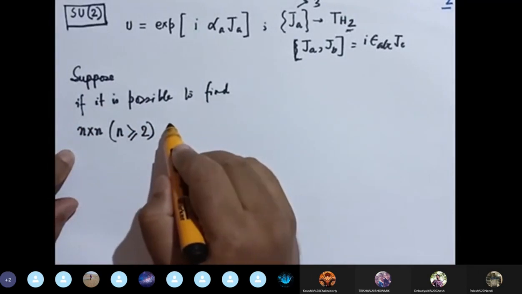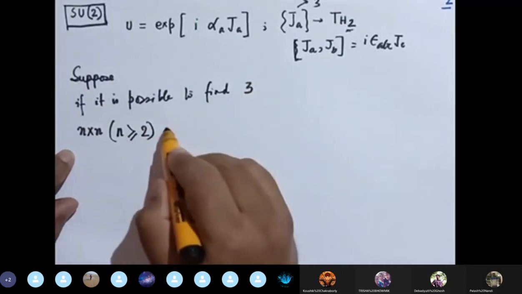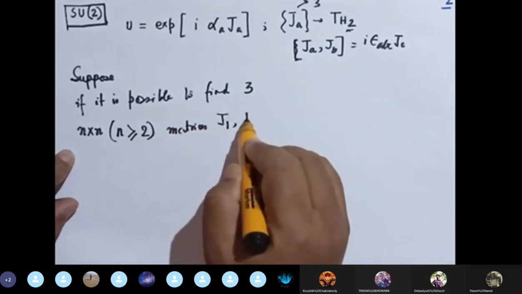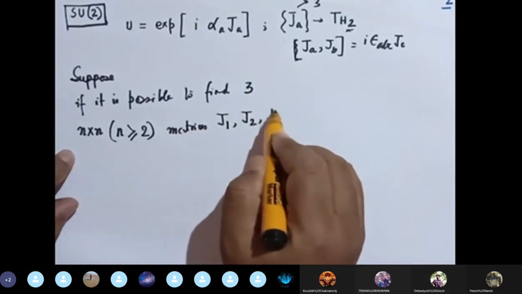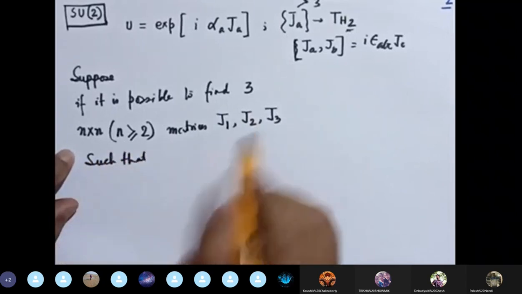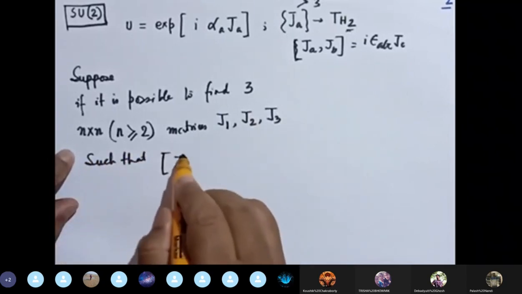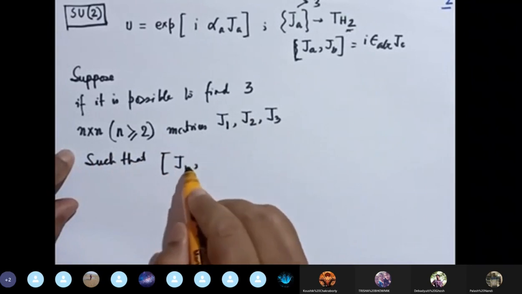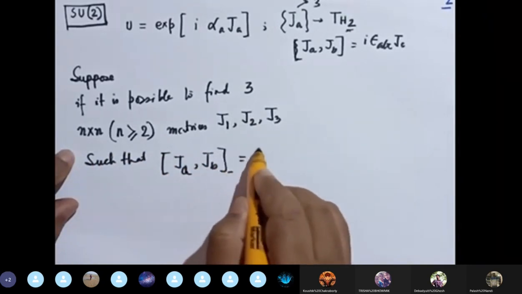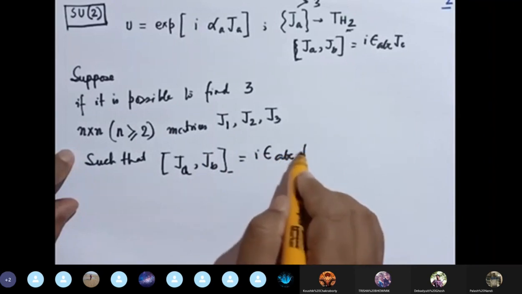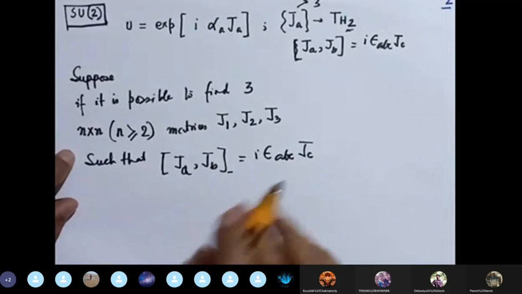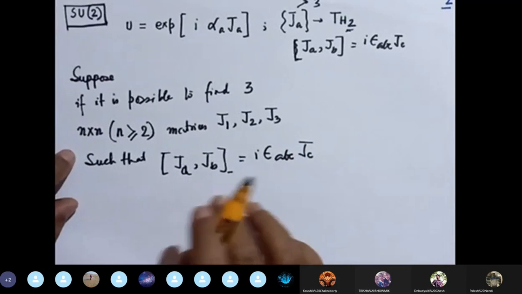For n cross n, find 3 n cross n matrices J1, J2, J3 such that they satisfy these algebras, the same Lie algebra.